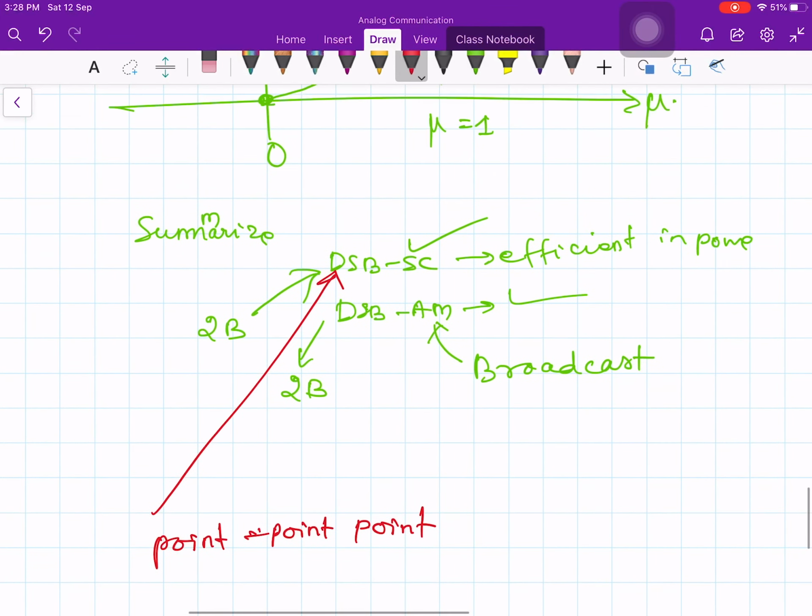What is the other difference that you have seen? In this case, the envelope will be proportional to mod of m of t, and here the envelope is proportional to m of t itself.